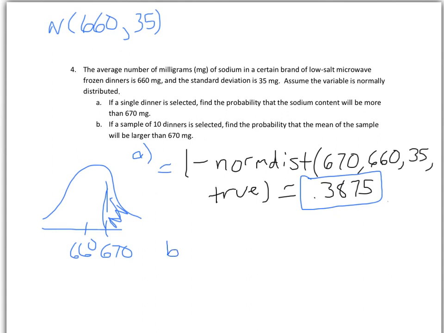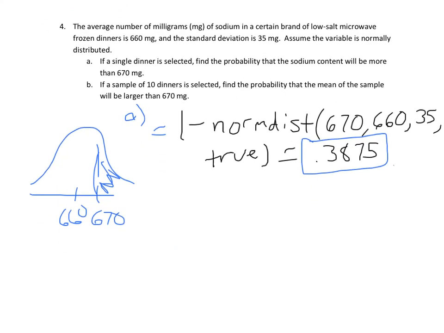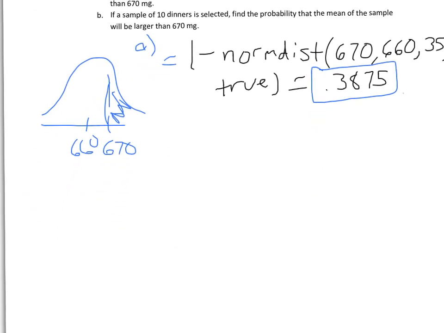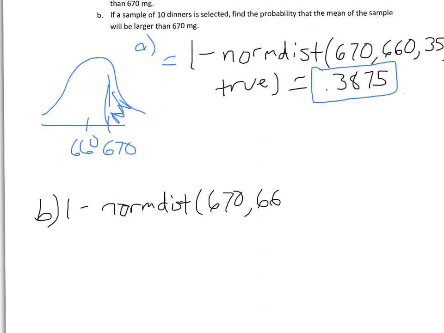B, now you know what? I'll just put B down here since we have space. So if I slide it up some. So for B, I have 1 minus norm dist 670, 660, here, 35 divided by the square root of 10, because I have 10 samples, comma true.